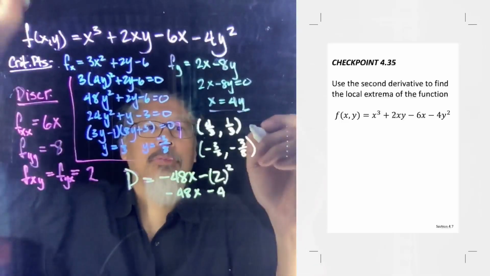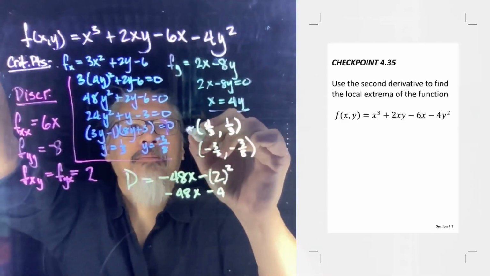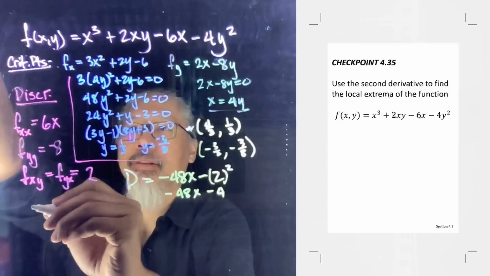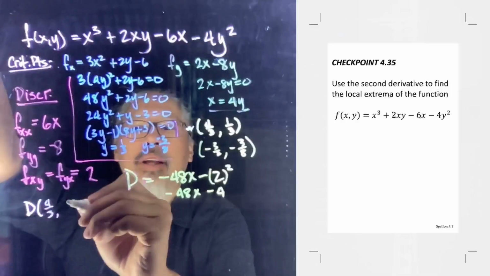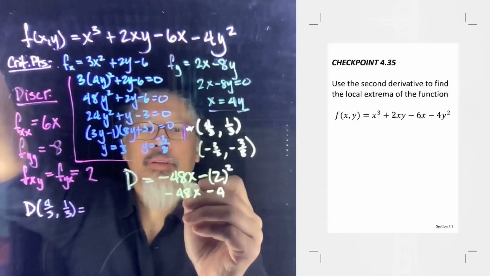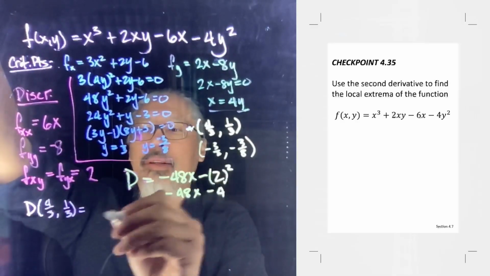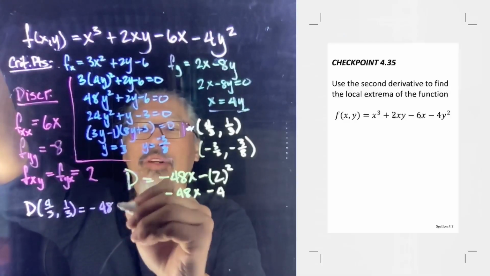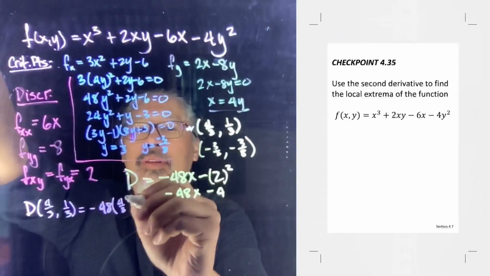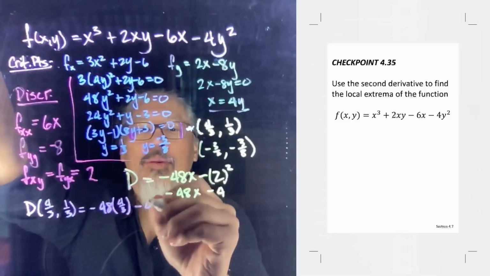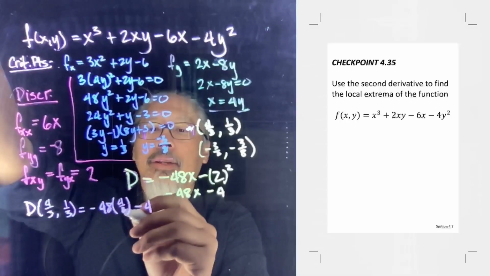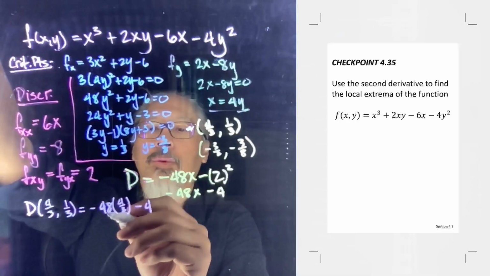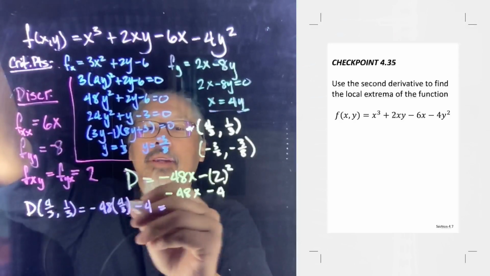Okay, let's take our first point and put that into our D function. So D evaluated at 4/3, 1/3 is going to be negative 48 times 4/3 minus 4. 3 into 48 is 16. 16 times 4, 64.